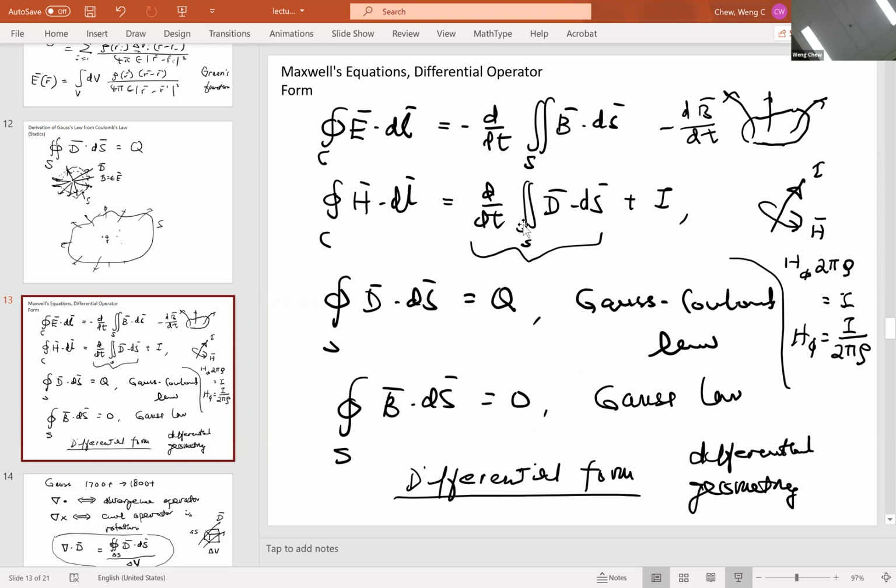And you are all good electrical engineers. So without that term, you know that you cannot have currents flowing through a capacitor.